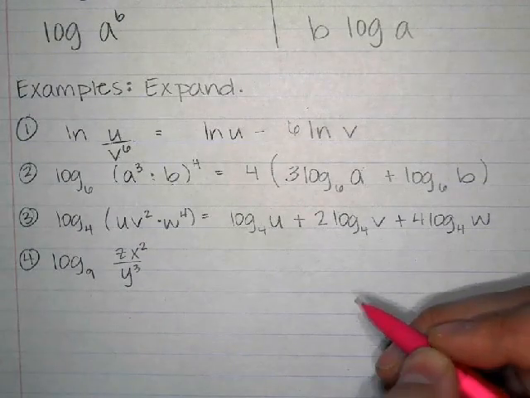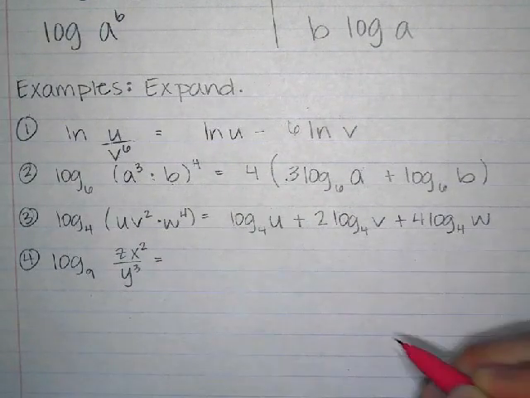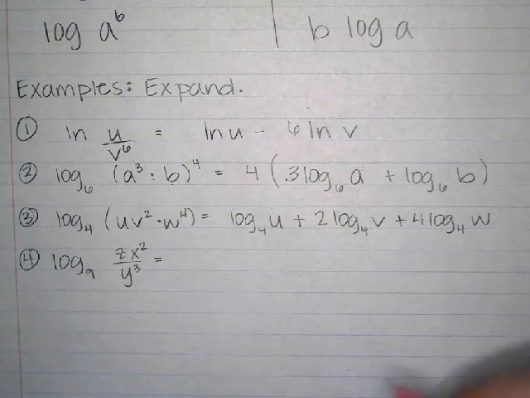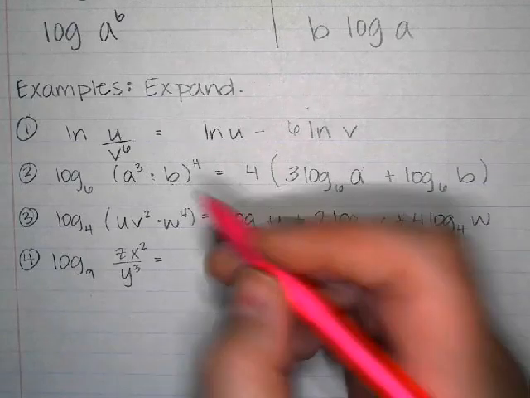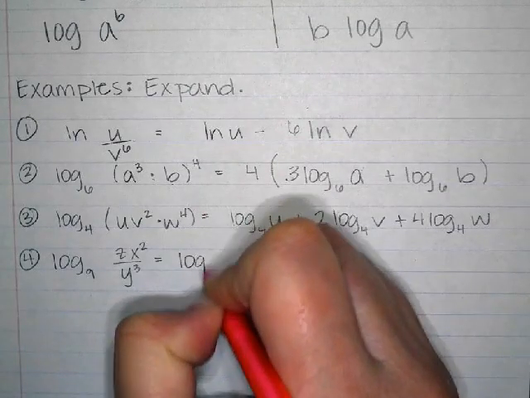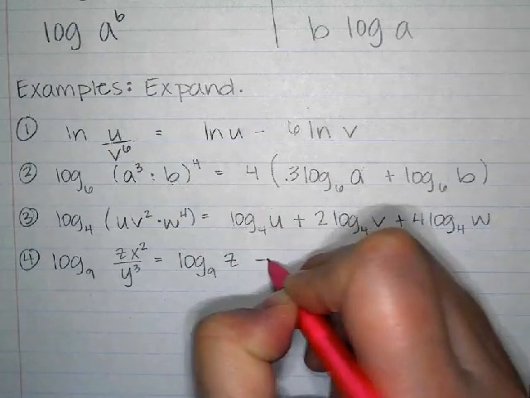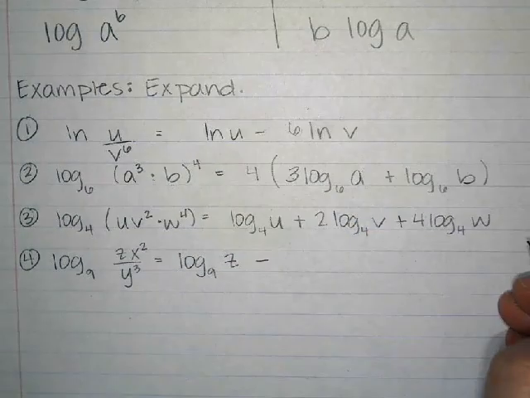Okay, are you ready? Log base 9, what should we write first? Z. Now I'm going to make you do the minus. Minus. It can't be 2 because that's on the top. So it has to be the 3. 3 log base 9 of y.